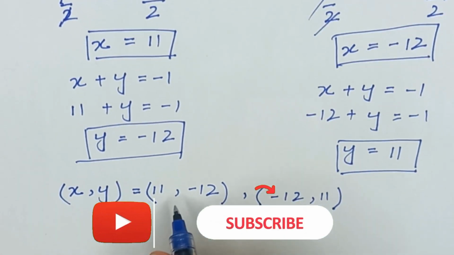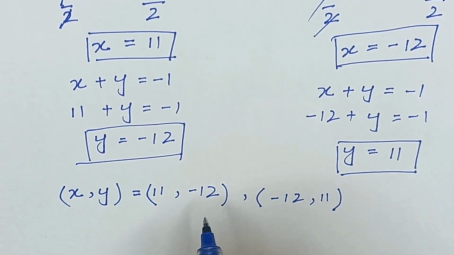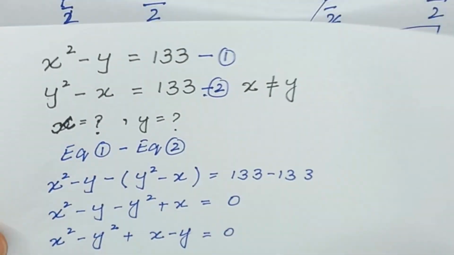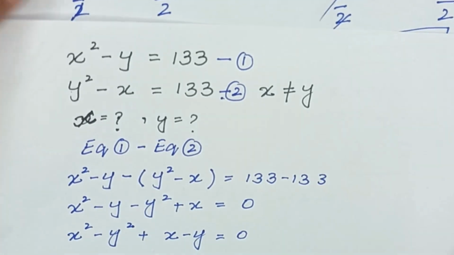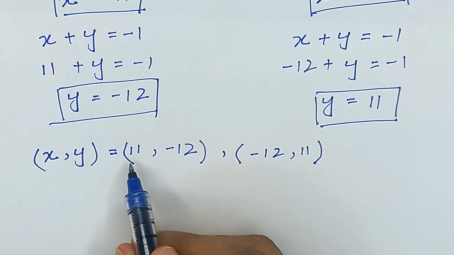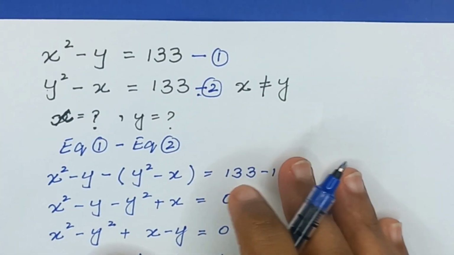Now we will check whether these values of x and y satisfy our given equations or not. So here we have x² − y is equal to 133. I will substitute here x is 11 and y is −12.